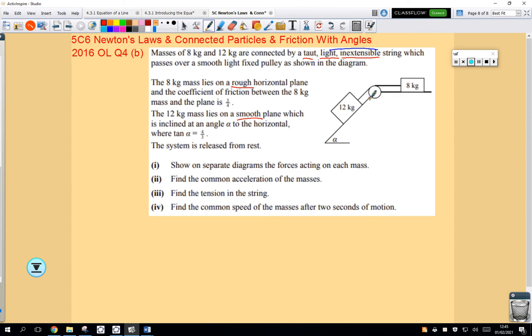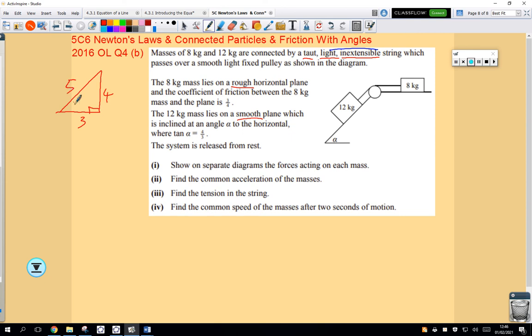One thing that jumps out at me every time I see tan of alpha is 4/3: opposite to adjacent in the ratio 4 to 3. If you know your Pythagorean triples, you should see that the third side would have to be 5, or you could use the theorem of Pythagoras.